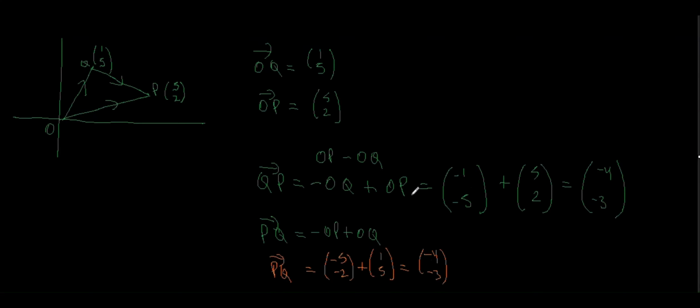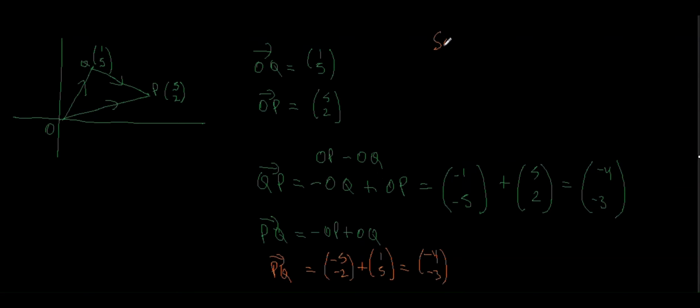So this is addition and subtraction of vectors. Look here where I say negative OQ and I just put minus 1 and minus 5. That is something called scalar multiplication.